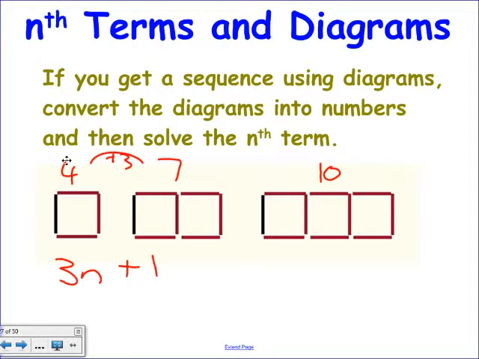I've got the first image, second image, third image. I need to know how many matchsticks I need for my 20th image. All you need to do is swap n for 20. 3 times 20 is 60 plus the 1. So I know I need 61 matchsticks for my 20th image. See how that works? Okay. Good.